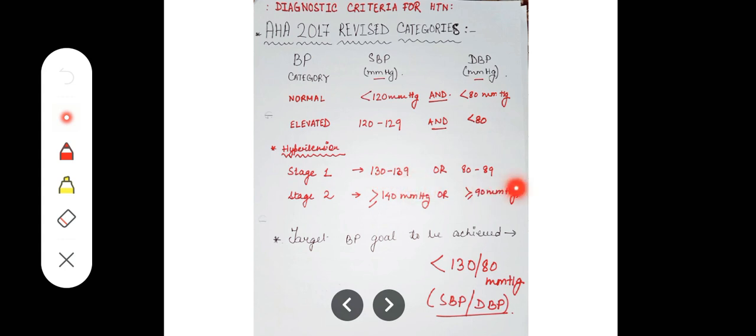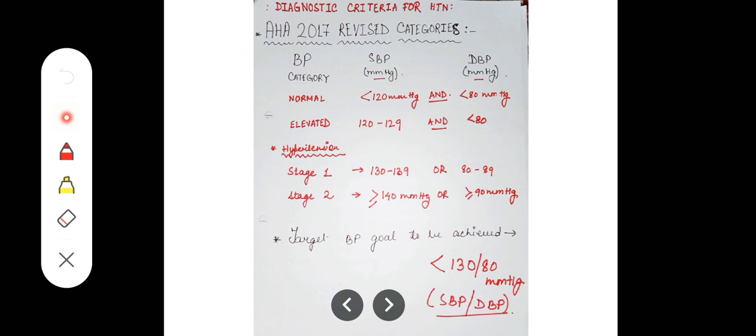The diastolic blood pressure can be more than 90 mmHg, and if the systolic is not more than 140, then also we can label it as stage 2 hypertensive. So this was basically the diagnostic criteria according to American Heart Association 2017 revised categories.